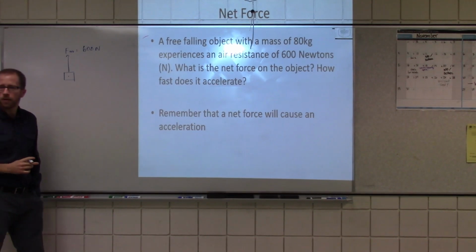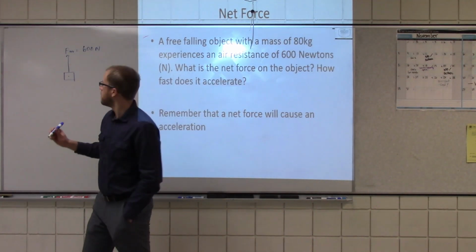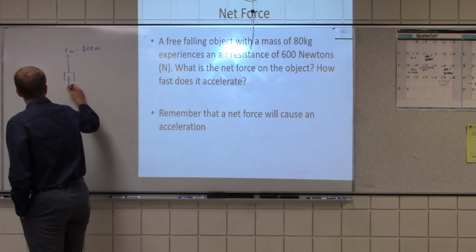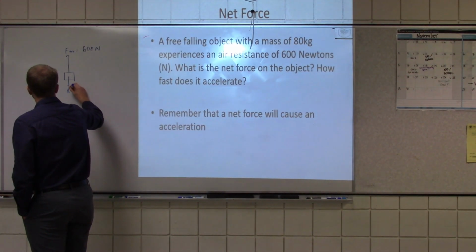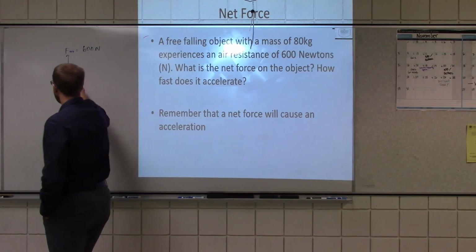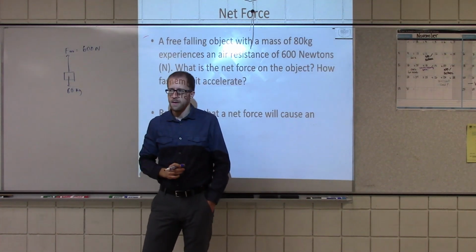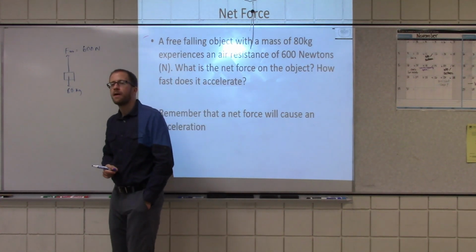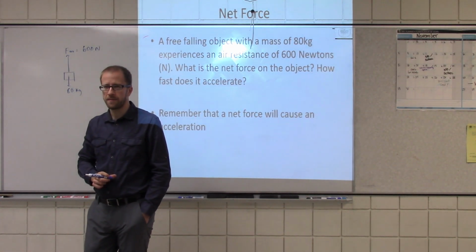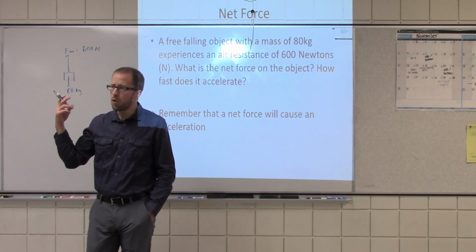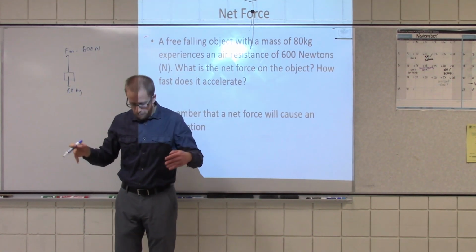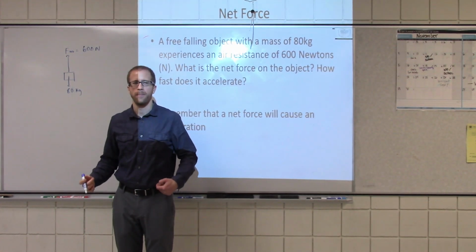Now, when I walked around, the mistake I saw was this. A lot of you did this. You wrote 80 kilograms as my downward force. But is 80 kilograms a force? What is that? That's your mass. We need to know the force due to gravity pulling this object down.